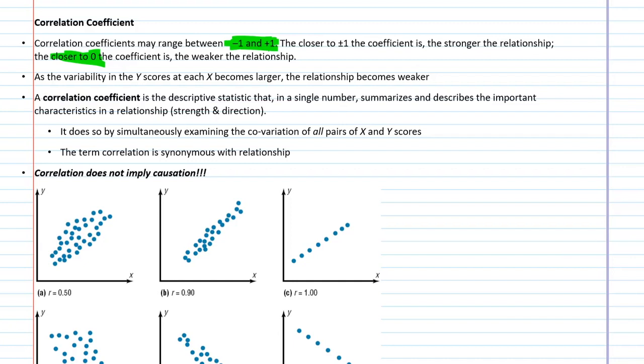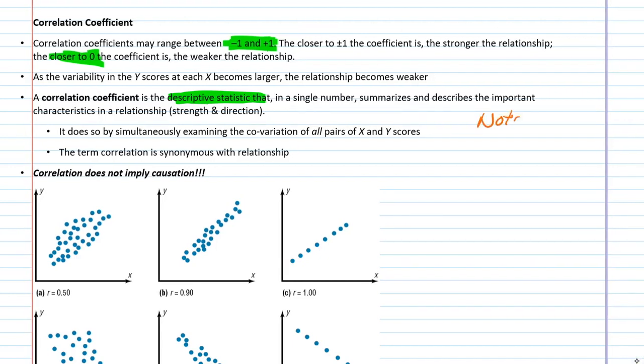So the correlation coefficient is a descriptive statistic. What does that tell us? It essentially tells us that we are calculating it from the sample. So I'm going to put a little note here on the notation.